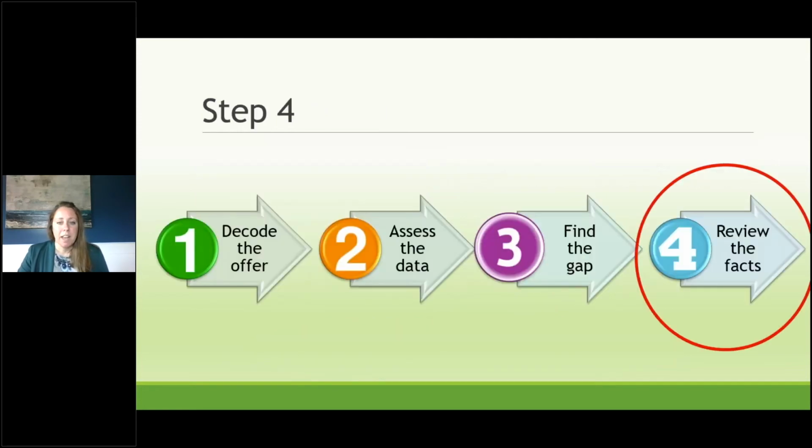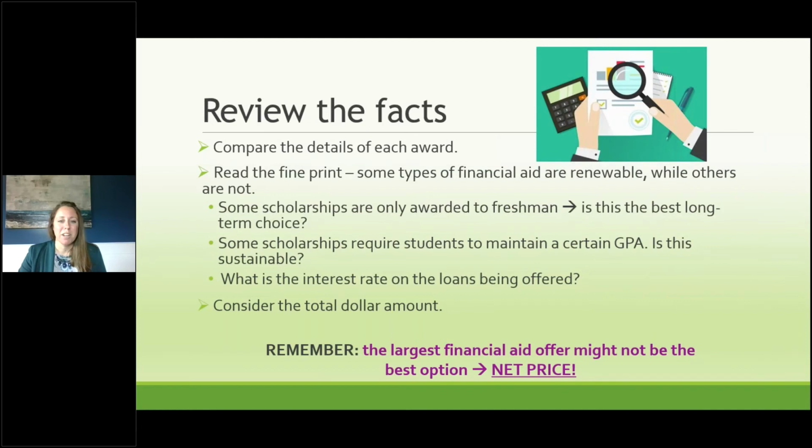So now that we've found the gap, we're going to review the facts and look at some other side information that makes a difference. When we're reviewing the facts, we're going to look at all of the details of each award. You want to make sure you're looking at the fine print. Some types of financial aid are renewable, some aren't.